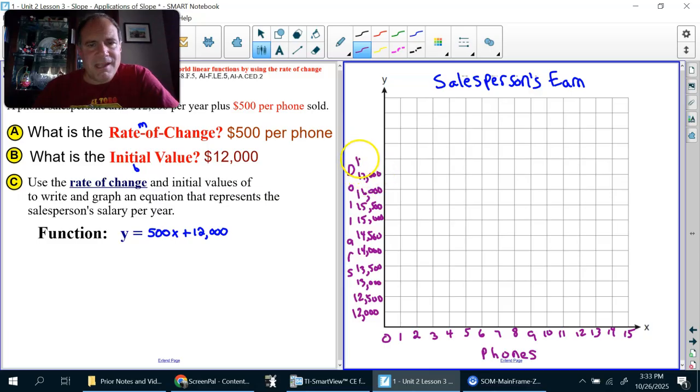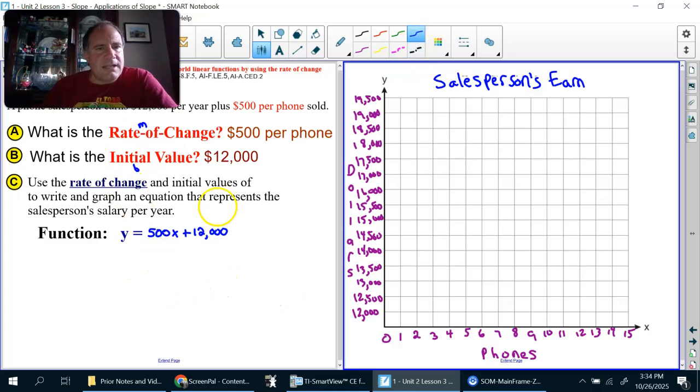So why put down 500? You'll never see it. It doesn't matter. There won't be a graph if you start at 500, because the least that this salesperson can make is 12,000. And it goes all the way up to 19,500. So let's see. Nice and easy graph.